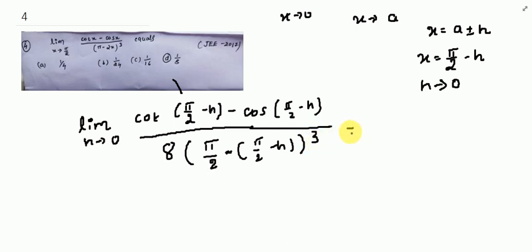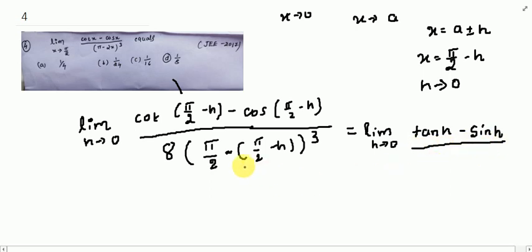Now this is equal to the limit as h tends to 0 of (tan h minus sin h) divided by, since 8 is outside, you can take 1 by 8 outside, and pi by 2 cancels, h cube.